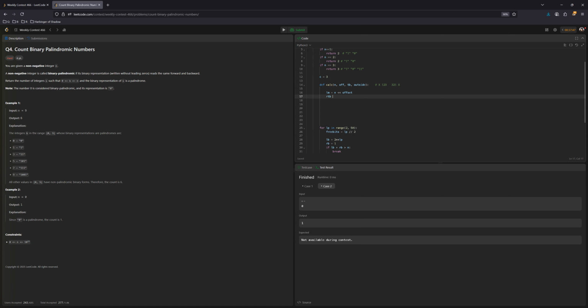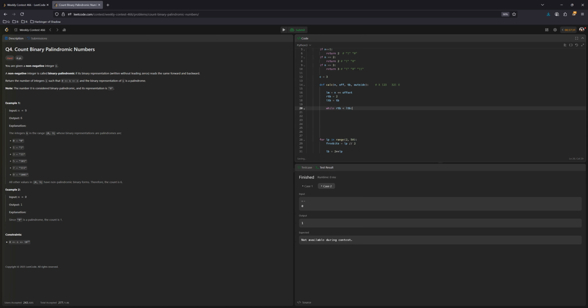Let's call it tracking bit. Okay, right tracking bit equals 2, left tracking bit equals tracking bit, and I don't care if there's a redundancy here.